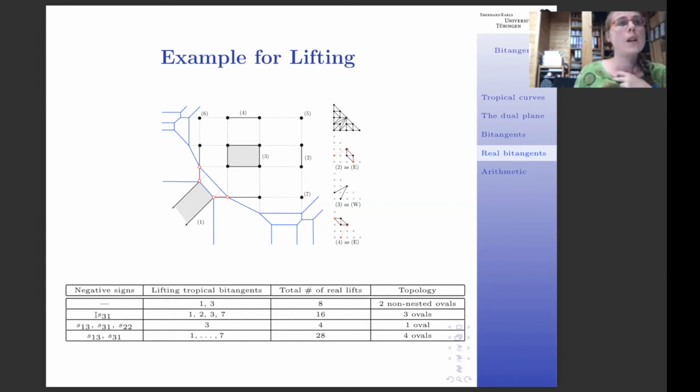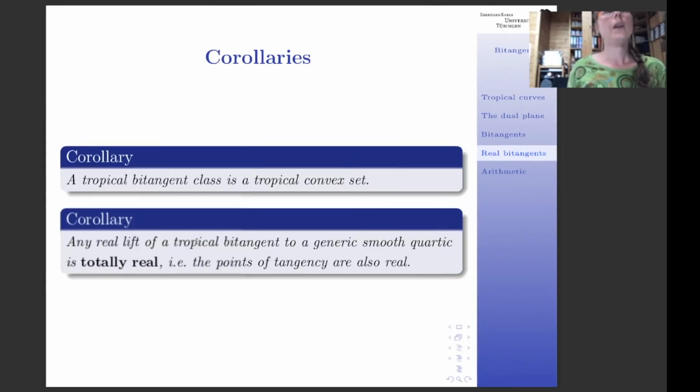Now, if I change the sign of the coefficient 3,1, the coefficient in front of x cubed y, then suddenly 1, 2, 3, and 7 are going to lift. And each lifts with 4, of course, so I'm going to have 16 real bitangents. And so on. And so you can see that only with this one tropicalized quartic, I can already realize all the numbers that Plücker told me can possibly exist. And that also raises interesting questions, which will appear on the coming slide.